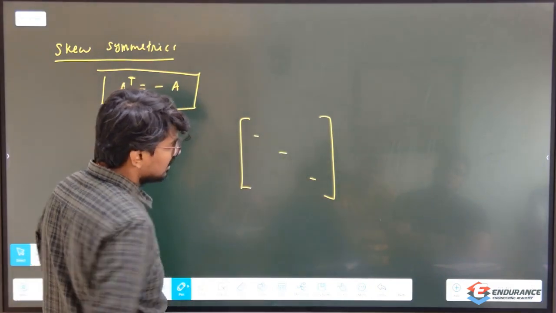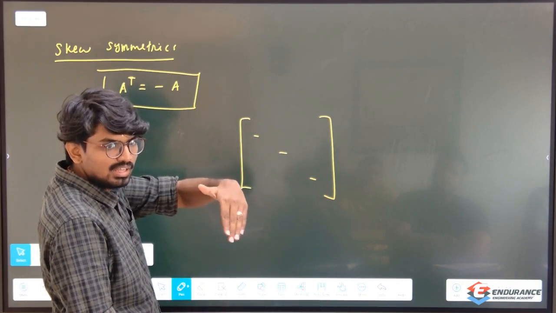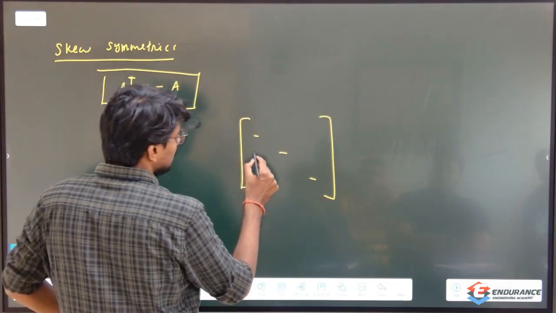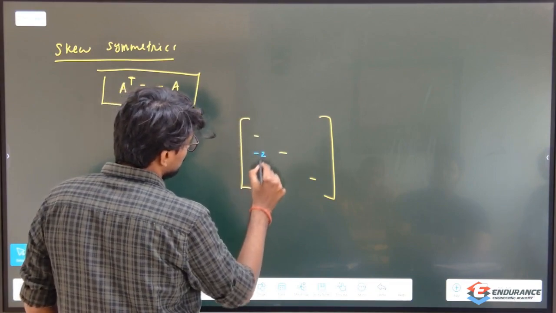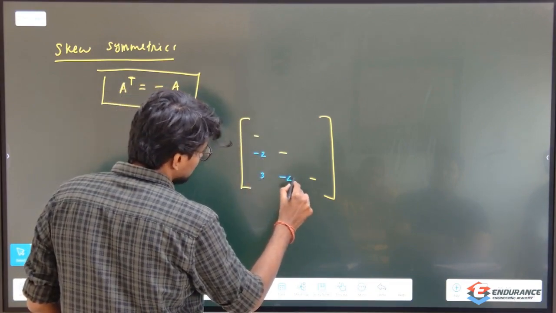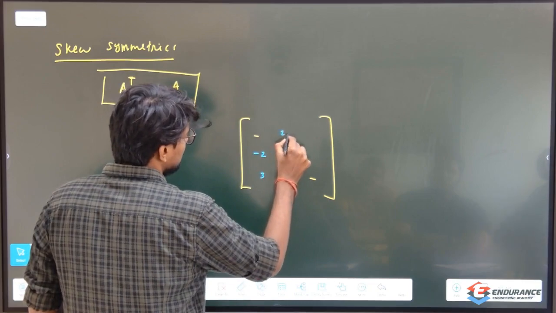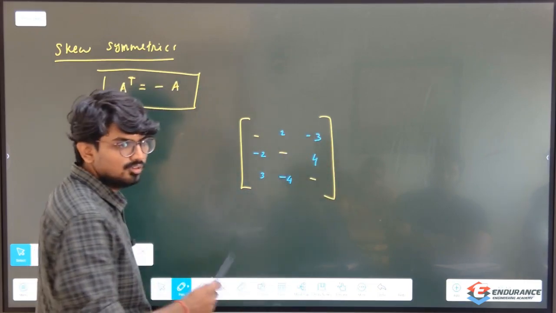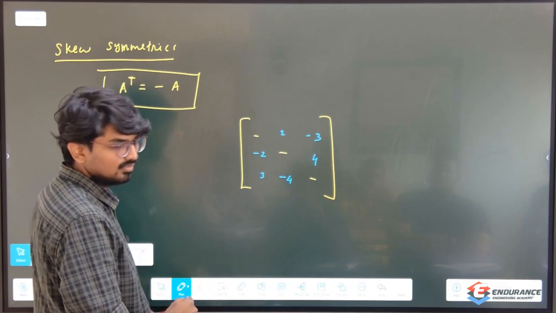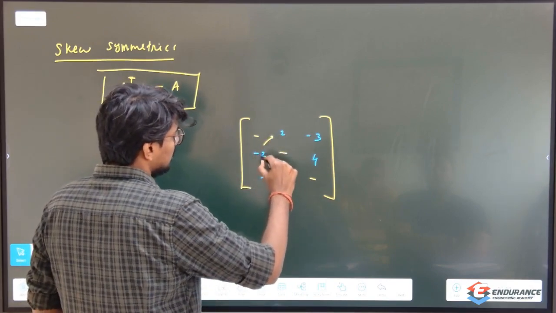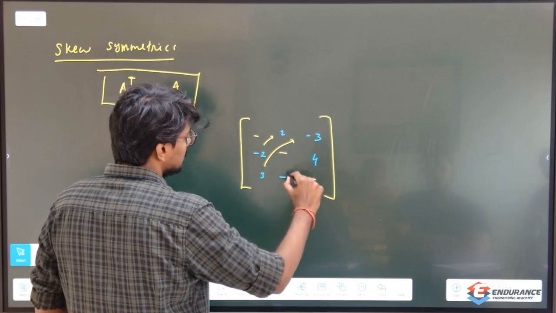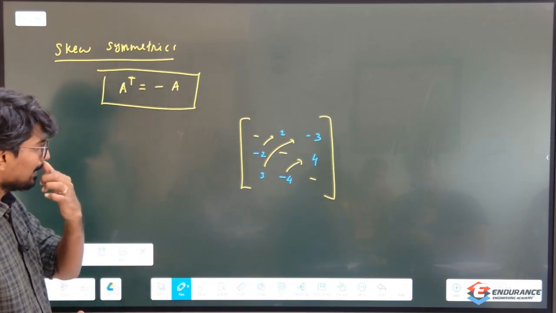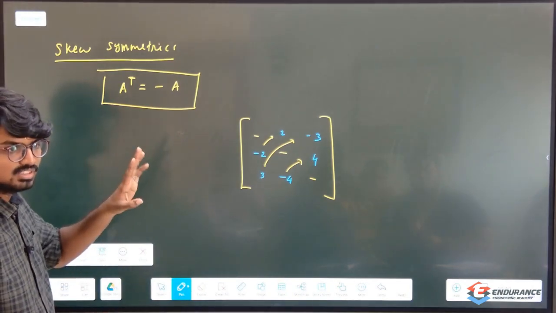About this leading diagonal element, your leading diagonal element should act as a mirror, but the sign should change. For example, if our A21 is -2, if this is 3, this is -4, then this will be 2, this will be -3, this will be 4. Okay, right? So -2 is going to be 2, 3 is going to be -3, -4 is going to be 4.